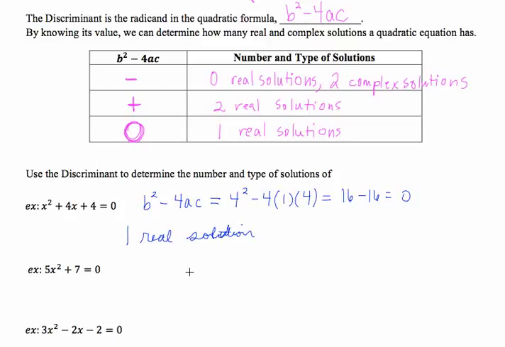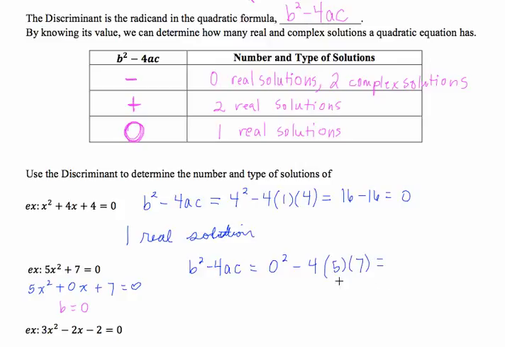In this next example, we have 5x squared plus 7. Now there is no b term, right? So you could think of this as 5x squared plus 0 times x plus 7 equals 0. Now it's obvious that b is the coefficient of x, which is 0 in this case. So if we compute b squared minus 4ac, we'll have 0 squared minus 4 times a, which is 5, times c, which is 7.